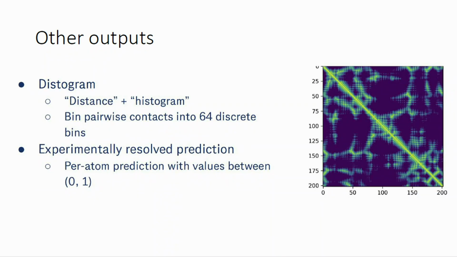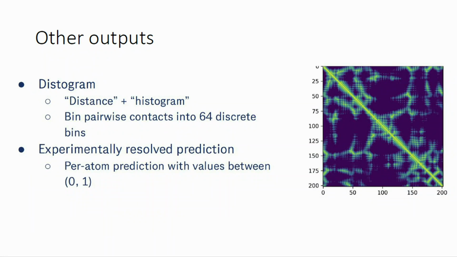A distance map and a distogram differ only in that a distogram means you discretize the distance map into certain bins. You can bin this continuous distance into sometimes 24, sometimes 64 bins, and assign a one-hot value to it.